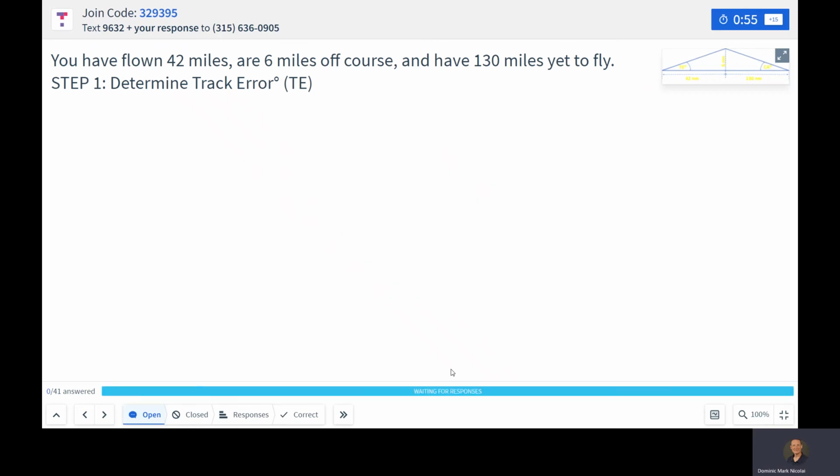So we're looking at track error first. What's the effect of improper wind correction angle here? Number of miles off course divided by miles flown times 60.